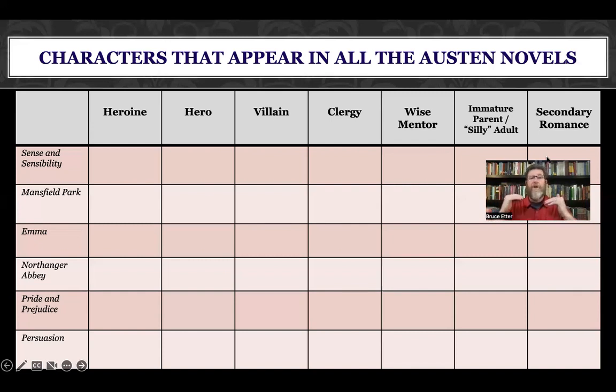At that point in life, you should be a mentor, but that person isn't. So age doesn't necessarily correspond to maturity level. And then there's a secondary romance in all six of them. So let me share what I think is going on, and then warnings, plot spoilers, and so forth.